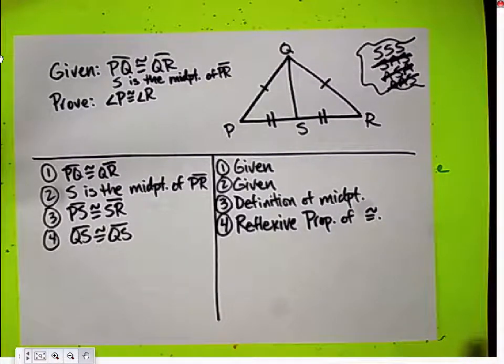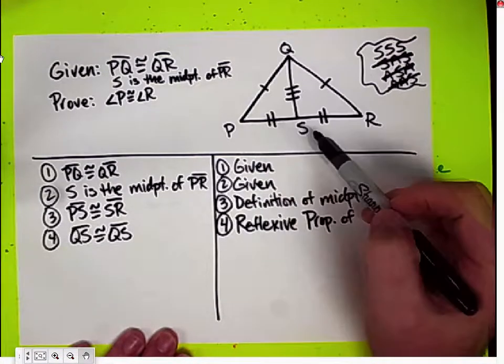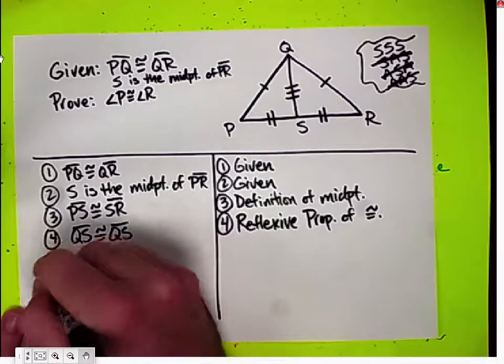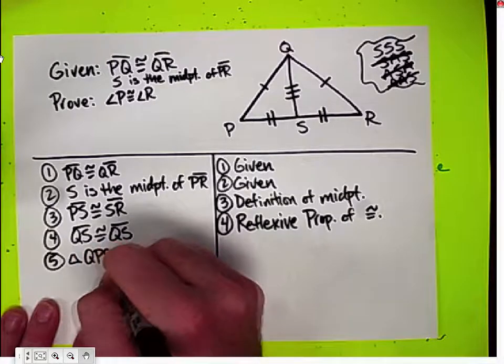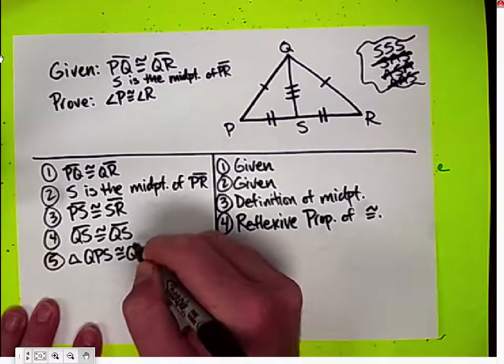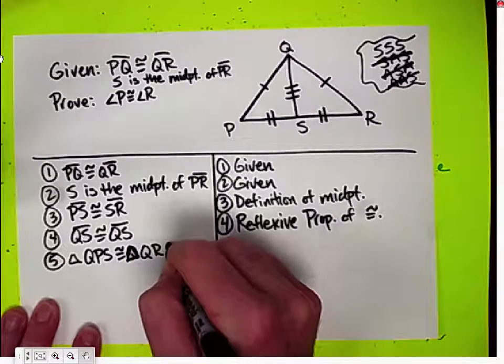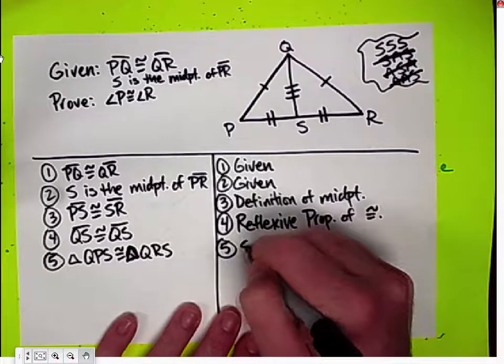Okay? So now we have three sides of one triangle congruent to three sides of another. So we can say triangle QPS is congruent to triangle QRS. What's the reason? Side, side, side.